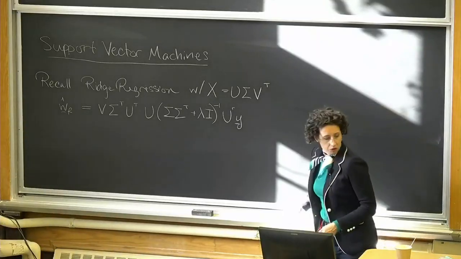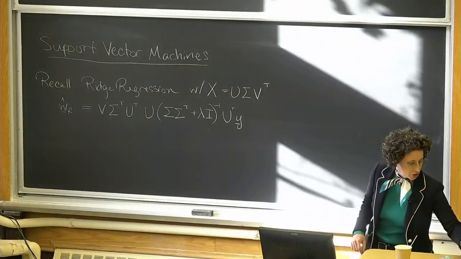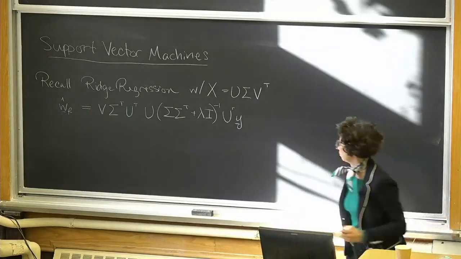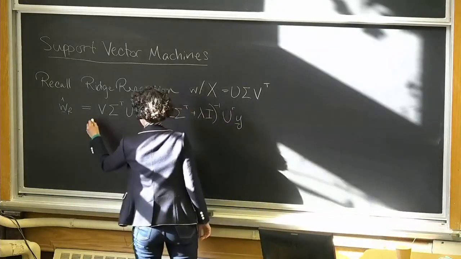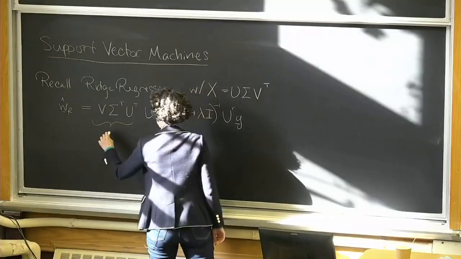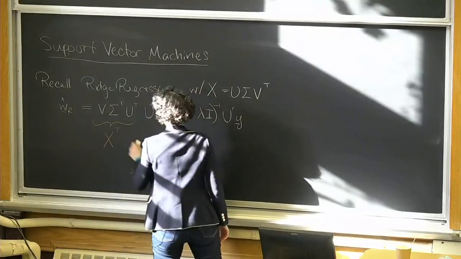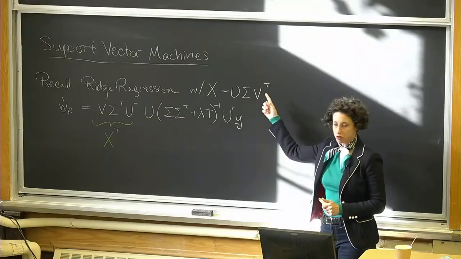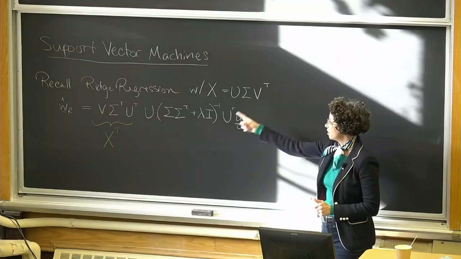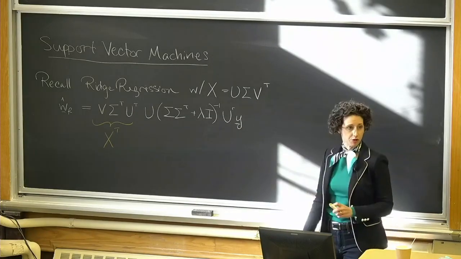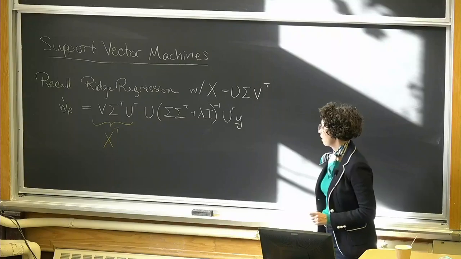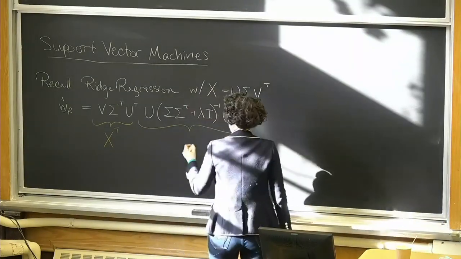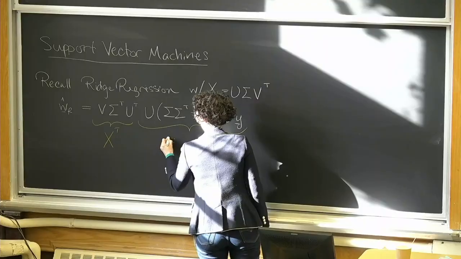And we can factorize this into two components, where the first component, right here, is simply X transpose, right? If we look at the singular value decomposition of X and we take the transpose of both sides of this equation, then we get U sigma transpose U transpose. And then everything else here, we just call alpha.